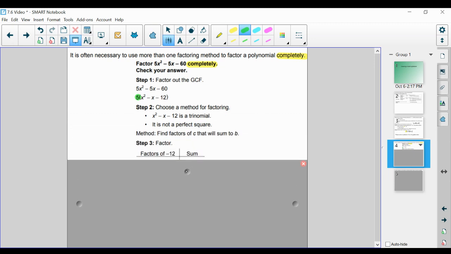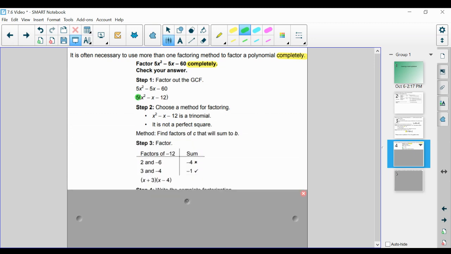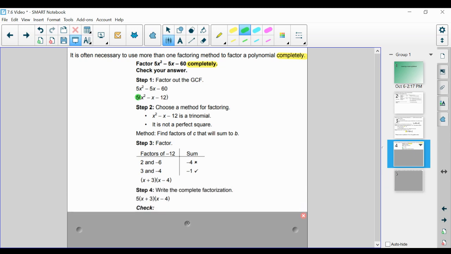We're going to go through the factors of it and the sum, and we're going to end up with 5 times x plus 3, x minus 4. But again, that 5 is carrying along. We need to include that 5 on the outside because it's still part of the overall expression. We didn't get rid of it. We just pulled it out a little bit.